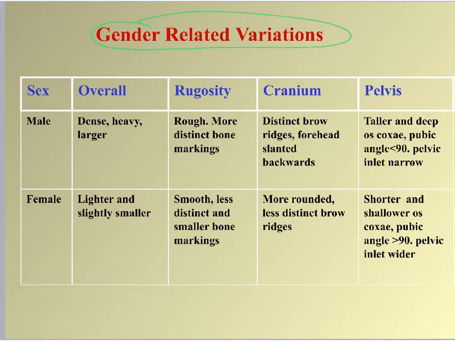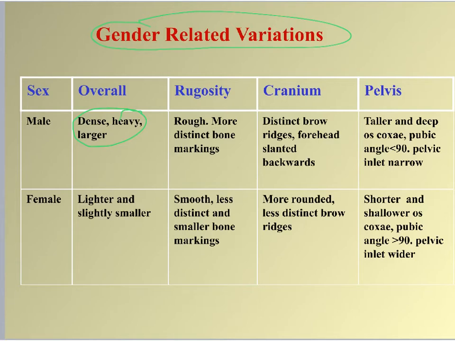So men's skeletons are generally denser, heavier, and larger. And the reason for that is because men's muscles are larger on average, not all the time, but on average than women's. And so when you have larger muscles, they create denser, heavier, larger bones.